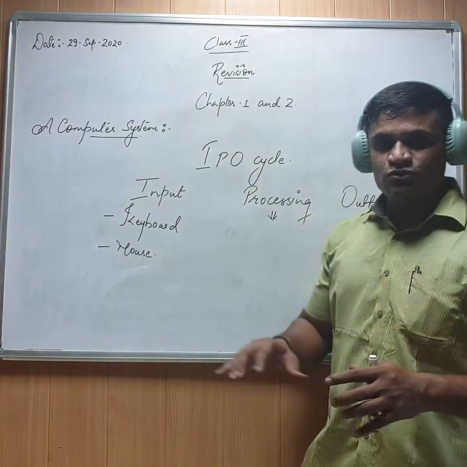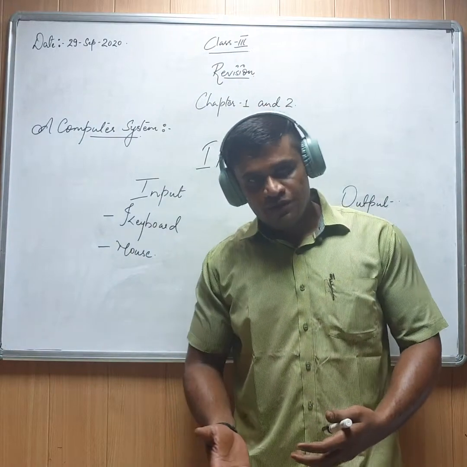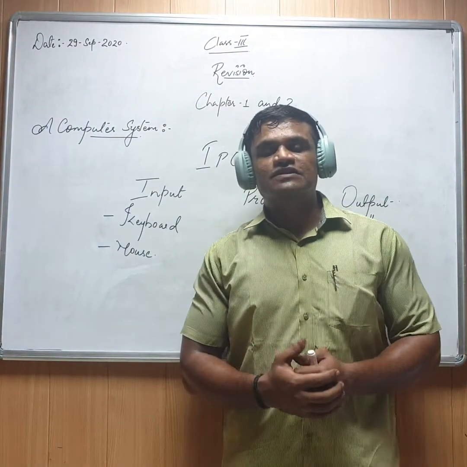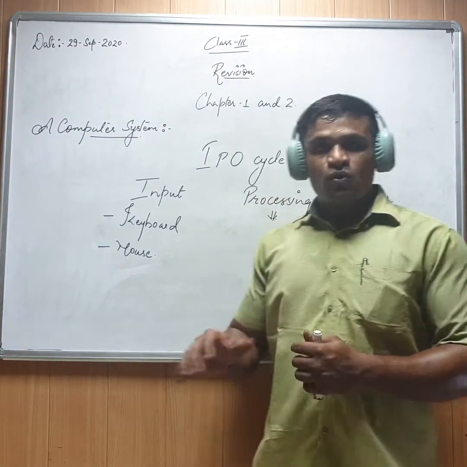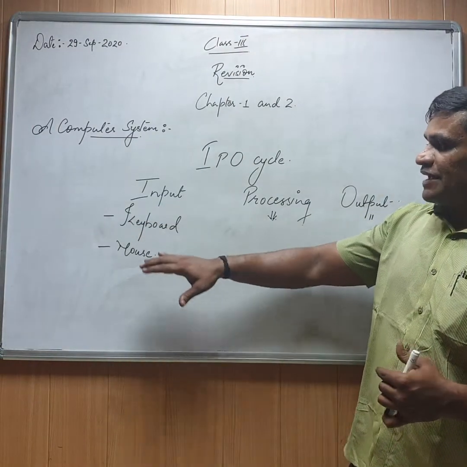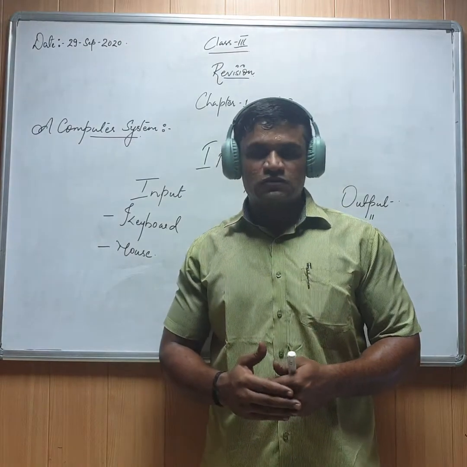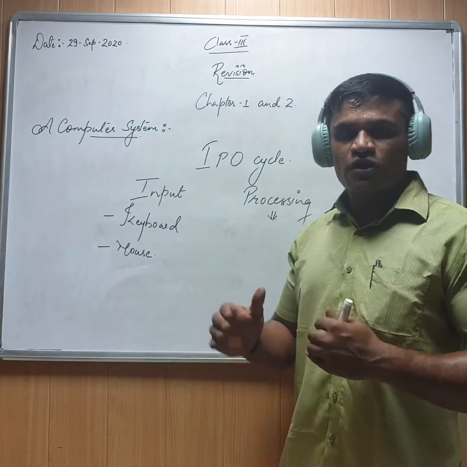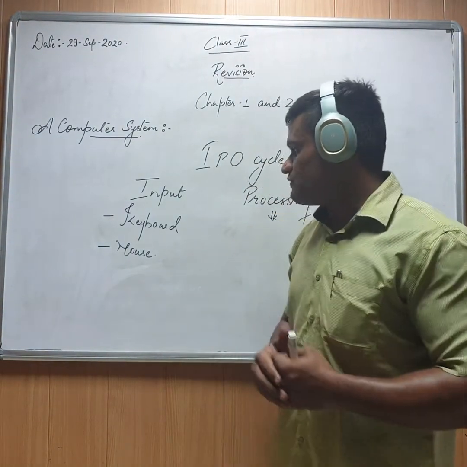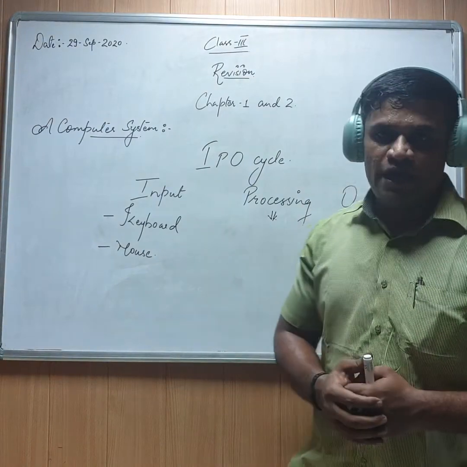So by using these keys, we type, or we provide instructions to the computer. So basically for input devices, keyboard and mouse, we can also have different types of scanners, but for the initial phase of examples, we will say keyboard and mouse.